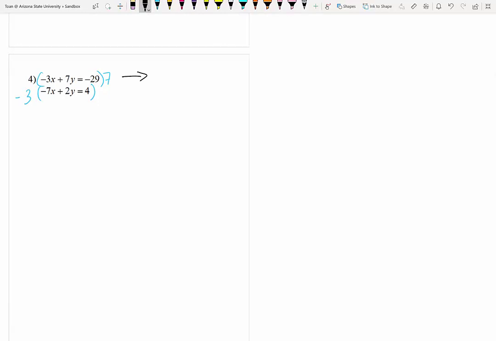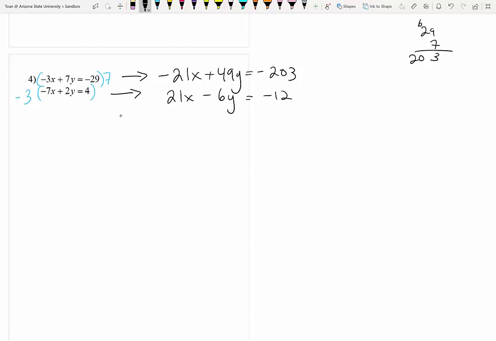If I distribute a positive 7, negative 21x plus 49y equals negative 203. Okay. And then for the bottom equation, we get a positive 21x, a negative 6y equals a negative 12.